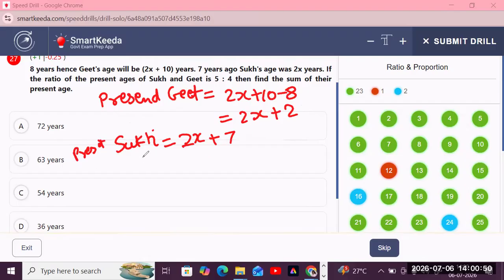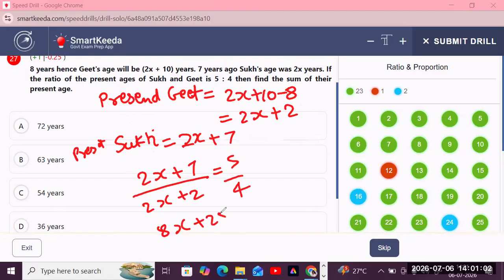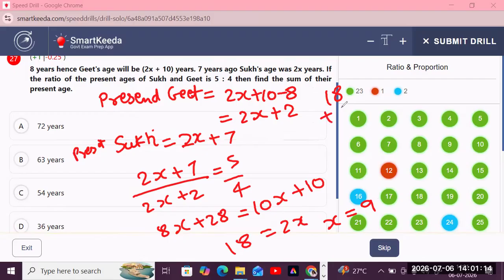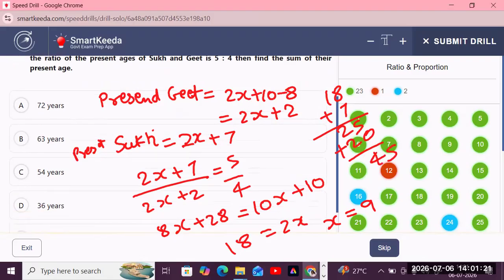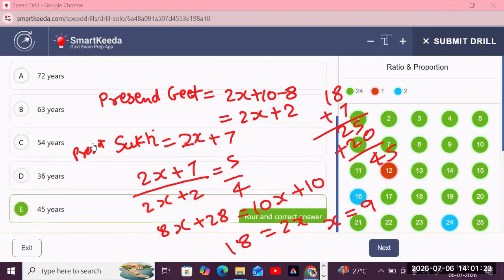If the ratio of the present age of Suk and Preet is 5/4, so 8x plus 28 is equal to 10x plus 10. 2x is equal to 18, x is equal to 9. Find the sum of their present age. So 18 plus 7 is equal to 25, plus 9, 18, 20 is equal to 45. 45 is the correct answer. Next.